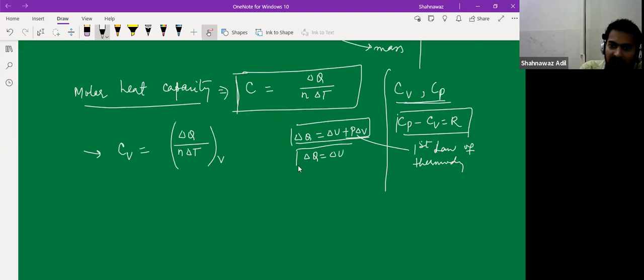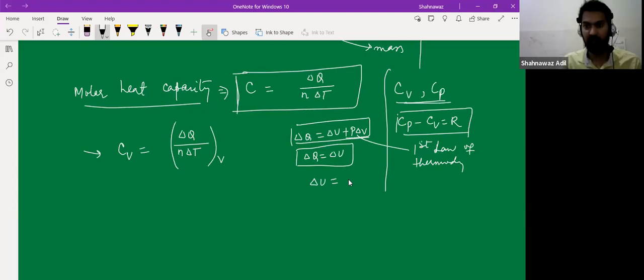And you already calculated the internal energy. What was this? For the degrees of freedom, you already know. Sanya, what was this? NfRT by 2, right?